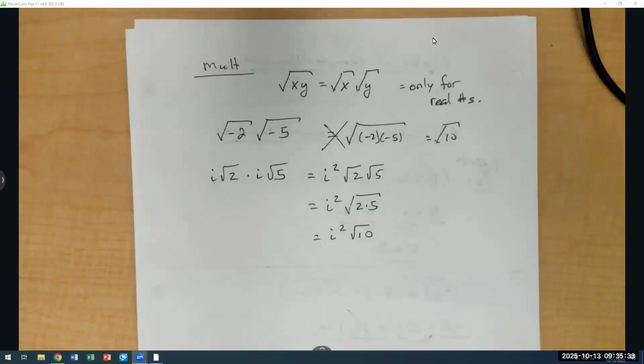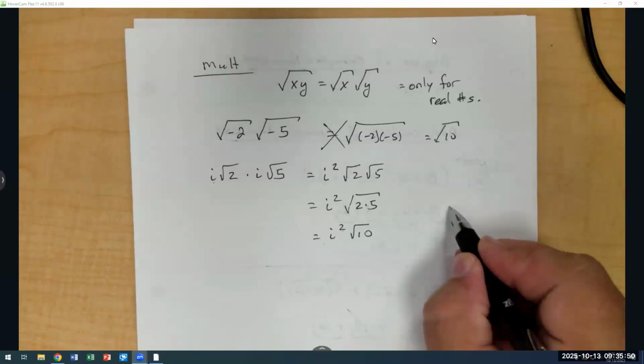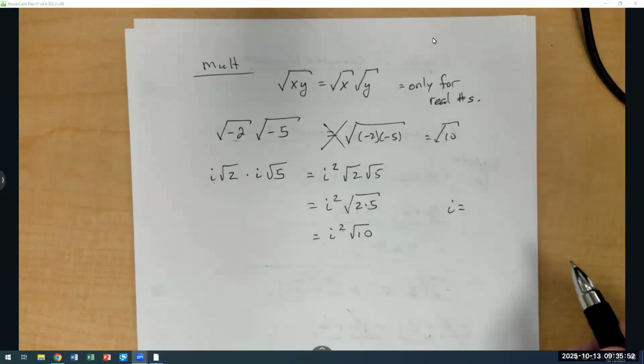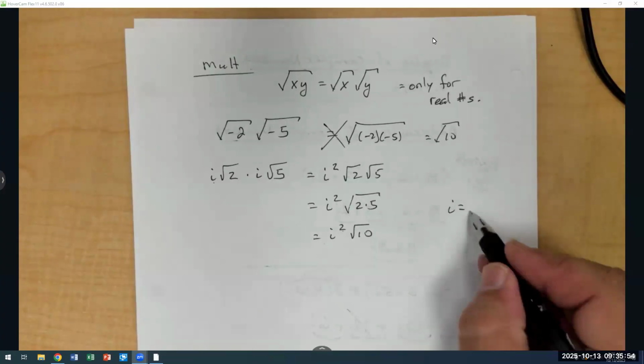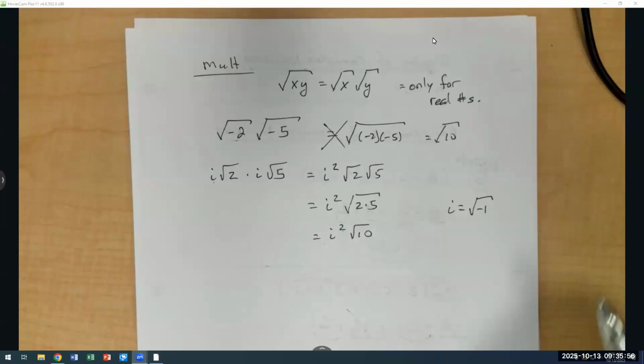What does i squared equal? Besides us talking about it in the very first part of this section, you guys forgot about it already. Work it out. What does i equal? Square root of -1.